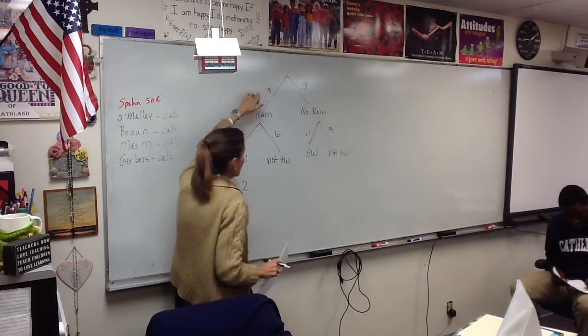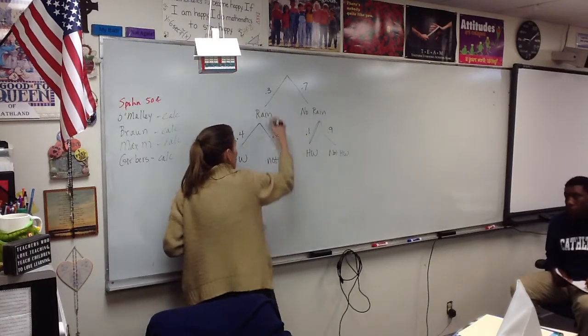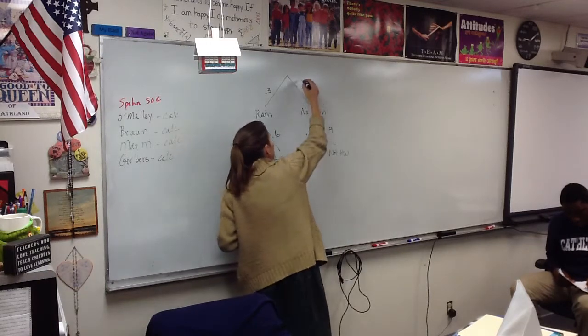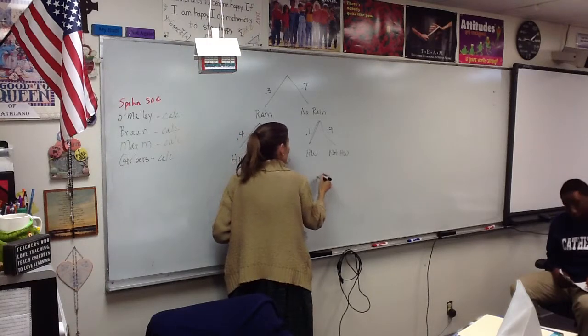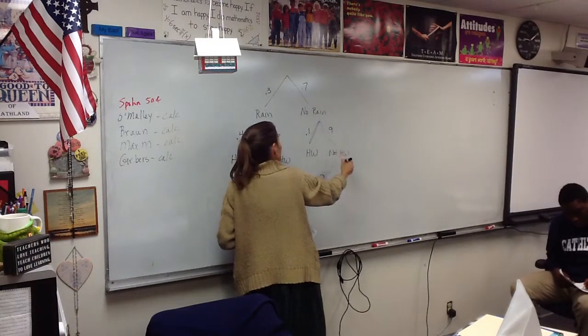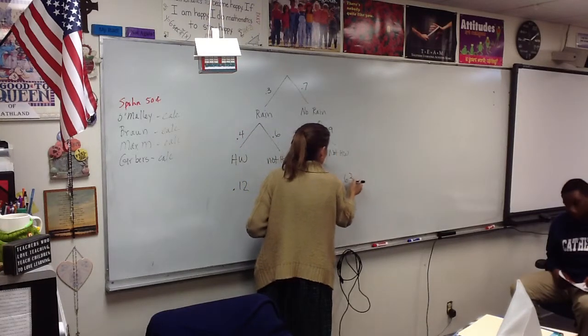Now, what about rain and no homework? What's that probability? Rain and no homework, 0.18. How about no rain and homework? 0.07. And no rain and no homework would be 0.63.